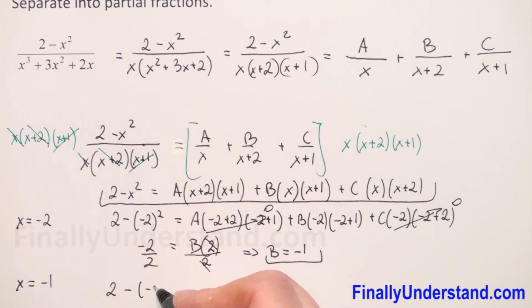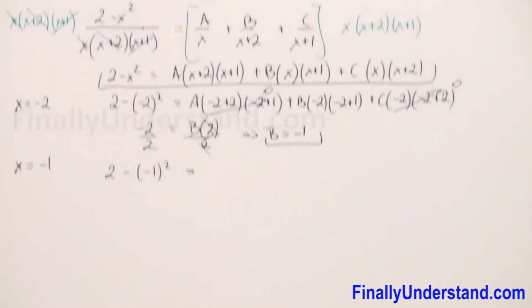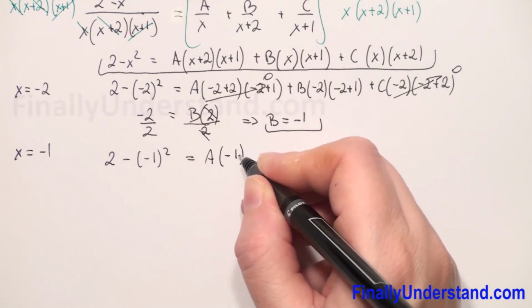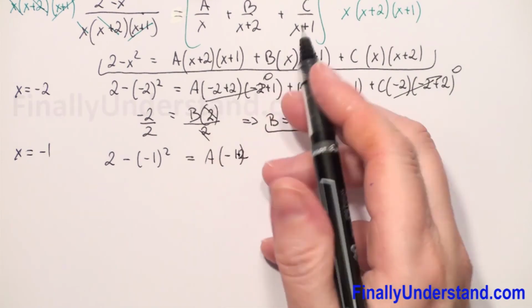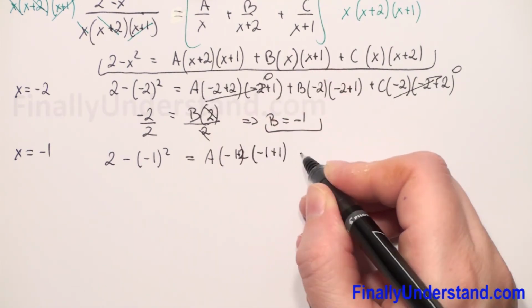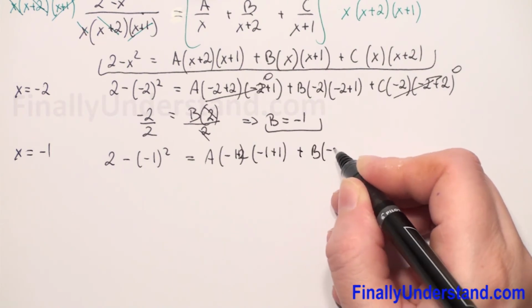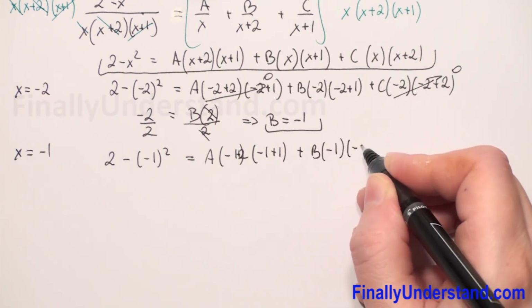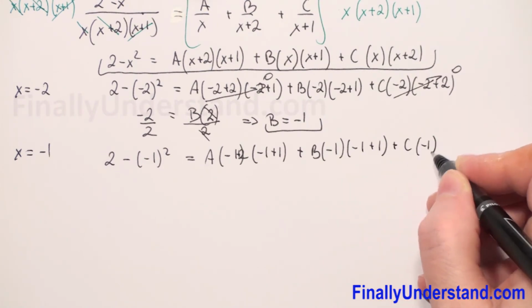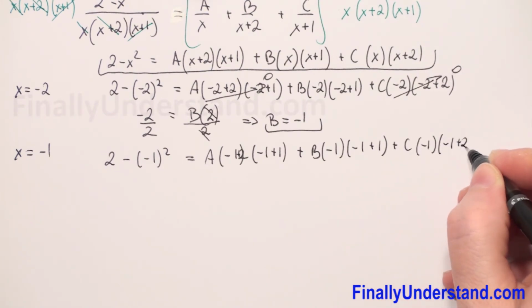2 minus negative 1 to second power is equal to a times negative 1 plus 2, of course I forgot, times negative 1 plus 1, plus b times negative 1 plus 1, plus c times negative 1 plus 2.